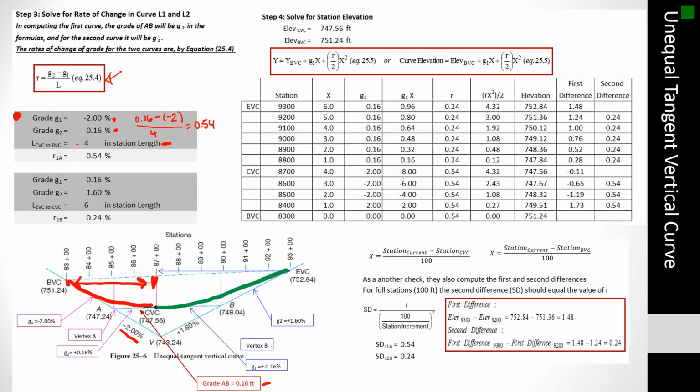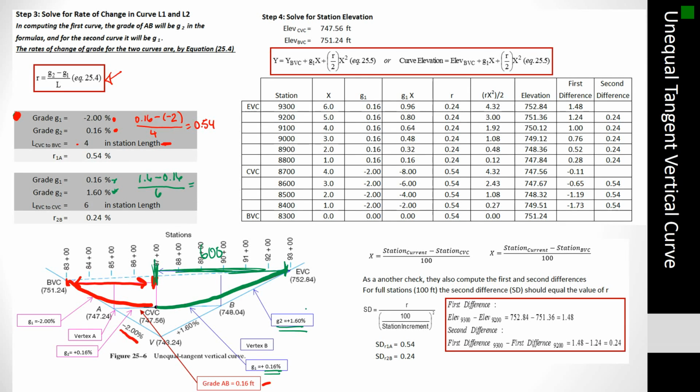Now, the second one, our G1, is going to be the 0.16, and our G2 is the 1.6 here. So we'll say 1.6 minus 0.16 all over, and from here to the end is 600 feet, or 6 stations.